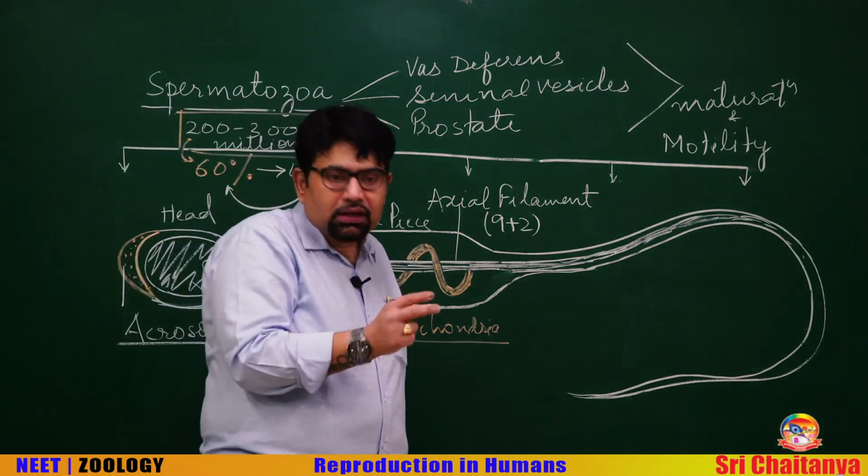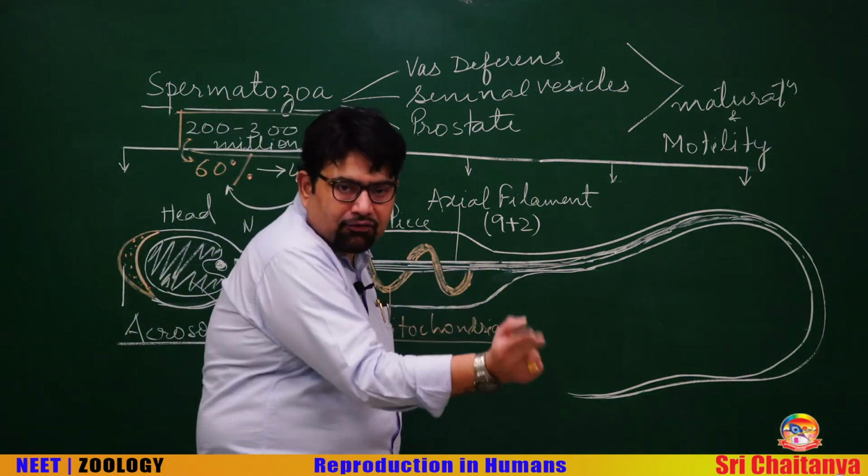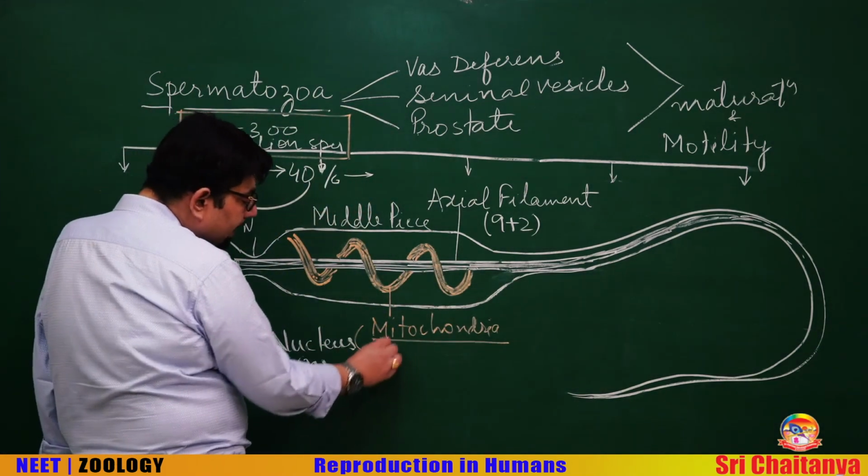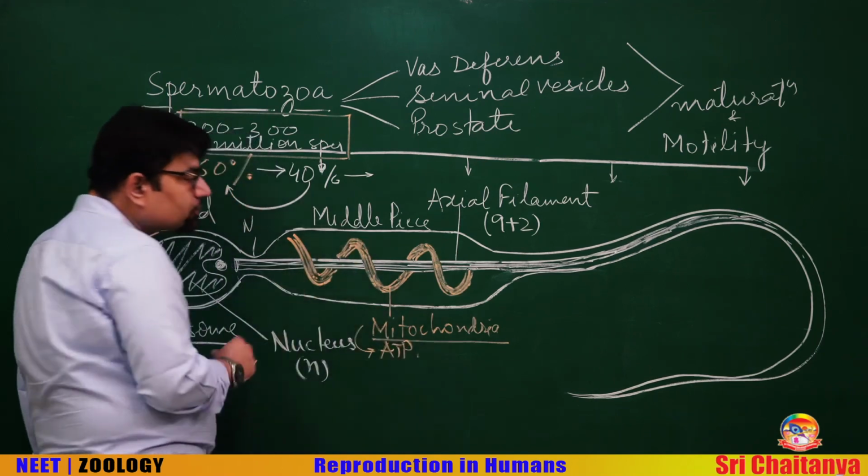These mitochondria produce ATP for the functioning of the sperm.